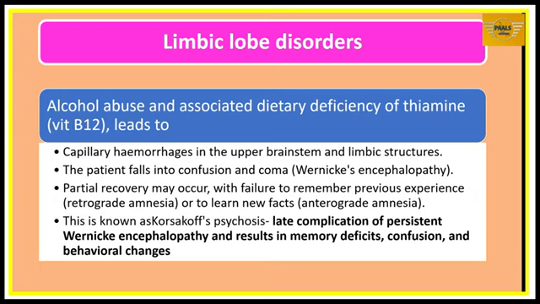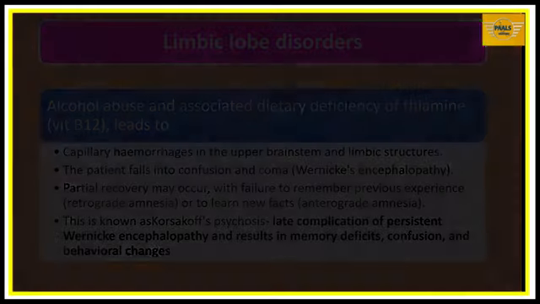The patient will fall into confusion and coma, and this condition is called Wernicke's encephalopathy. Sometimes the patient can recover with a lot of disabilities. That's Korsakoff's psychosis. Here the patient may recover, but is unable to remember previous experiences, that's retrograde amnesia, or to learn new facts, which is known as anterograde amnesia.